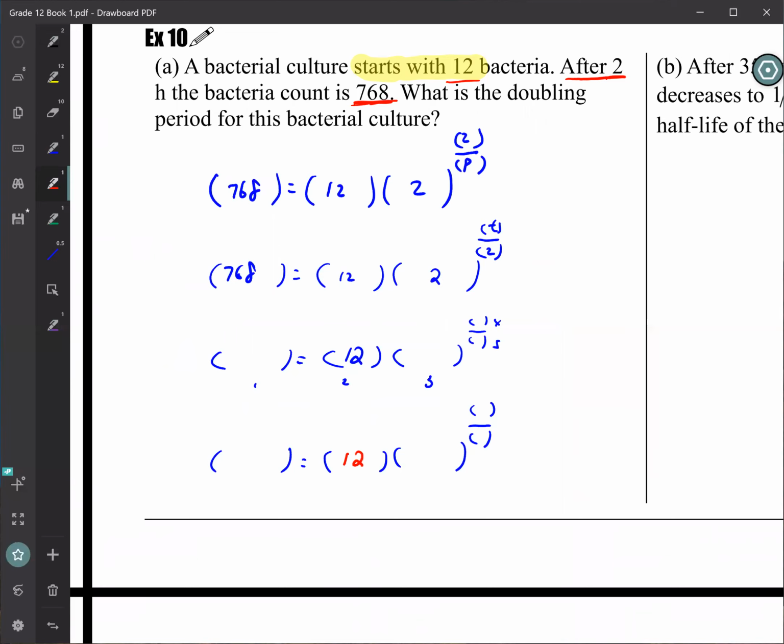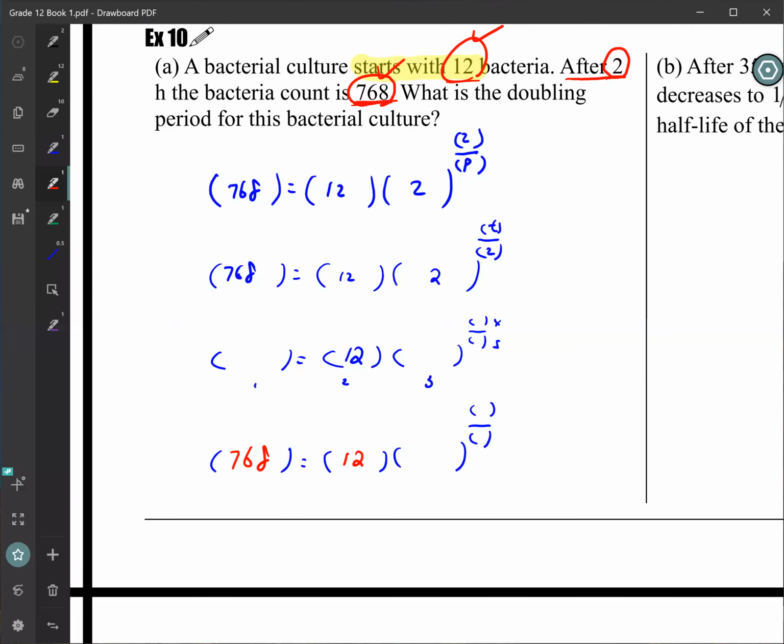So it takes 2 hours to go from 12 to 768. So 768 is your final, right? And it takes 2 hours to go from initial to final. So the 768 should go to the first blank, because the first blank is for final.